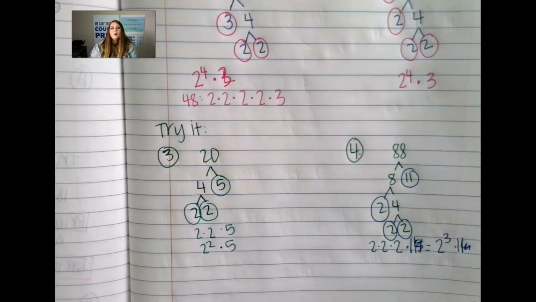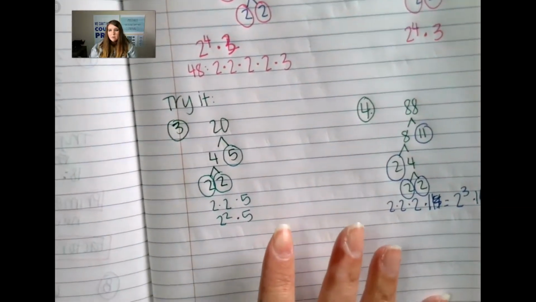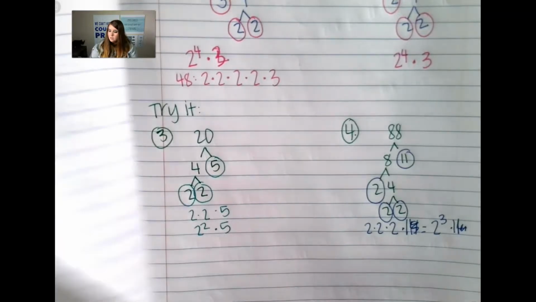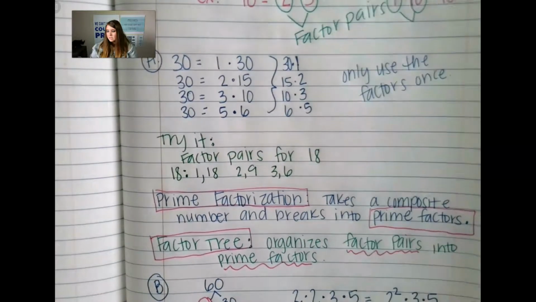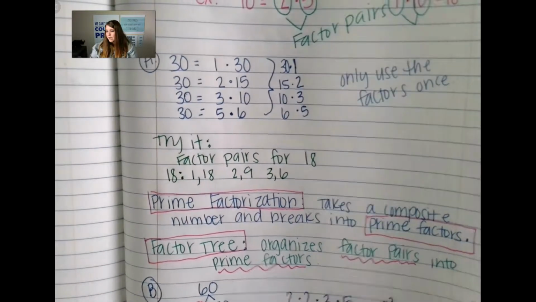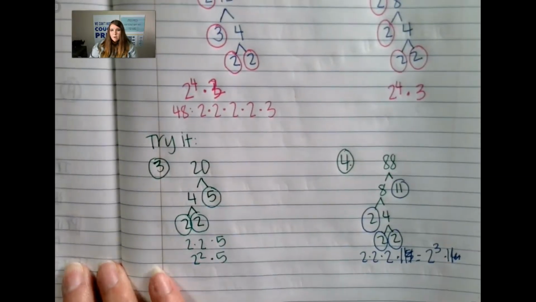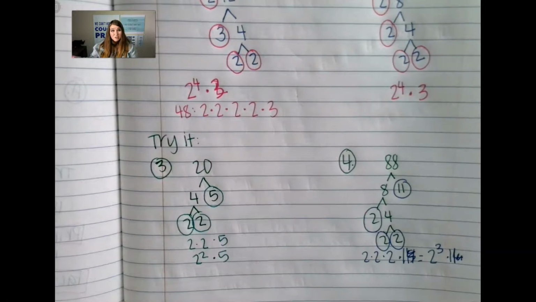Okay, so let's look a little bit more at our essential question about writing the representation of prime factors. Okay, so how do we represent prime factorization of numbers? Well, you can represent the prime factors in a factor tree.